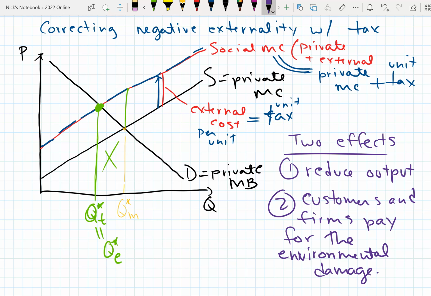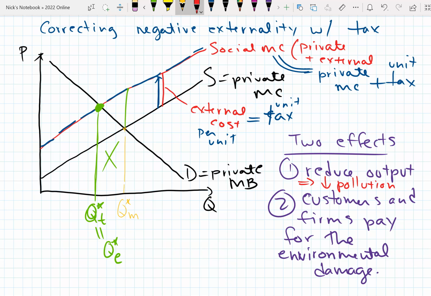So this reduces the pollution, and they don't do any of this inefficient pollution which is above the benefit, and in addition they pay for the damage that they do cause.